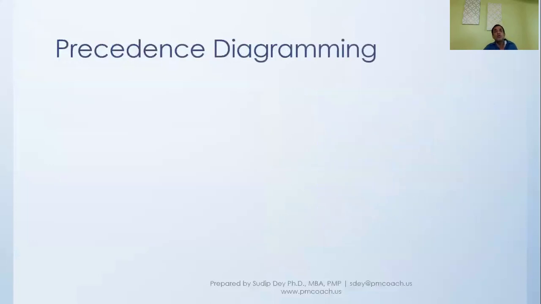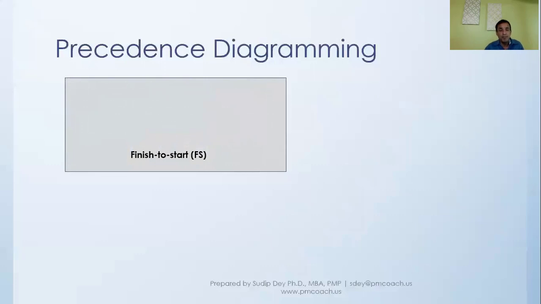Now let's look at some of the concepts that come into the precedence diagram, because we are going to go through precedence diagramming in coming up with that sequence of activities. The first relationship that we'll talk about is finish to start.